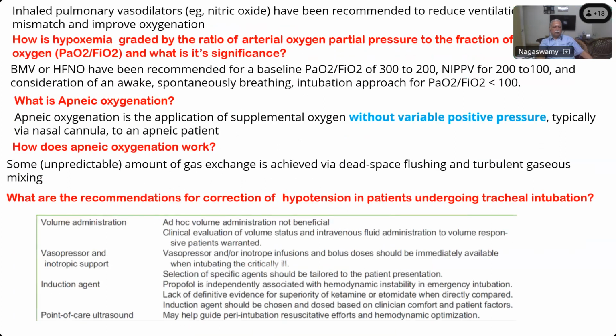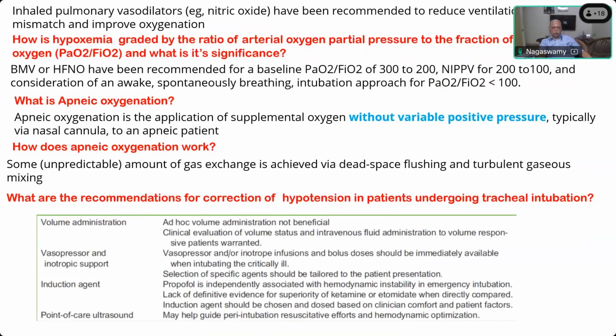What are the recommendations for correction of hypotension in patients undergoing tracheal intubation? So, the common methods are, as all of you know, whenever a patient is hypotensive, we first try volume administration. Then, if it is not responding, you go for vasopressors and inotropic support. Then you choose the correct induction agent. If you have to sedate the patient and then intubate, you choose the correct induction agent.